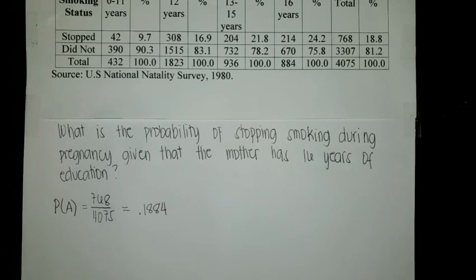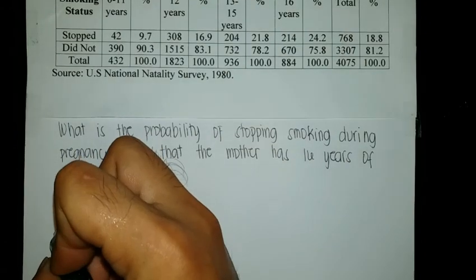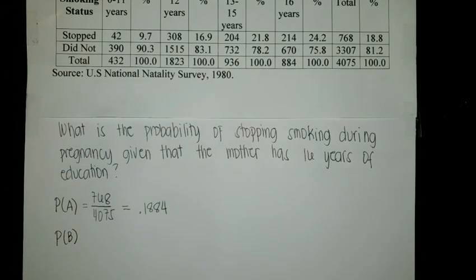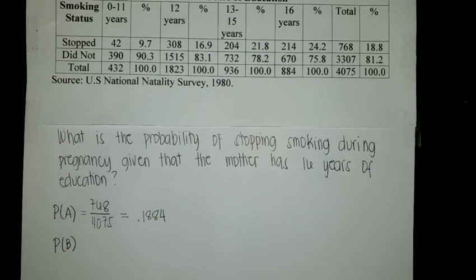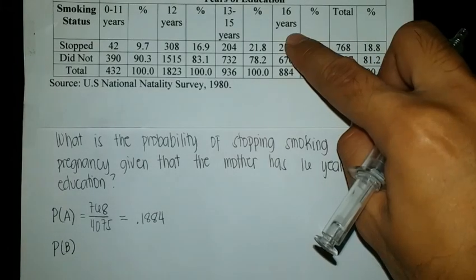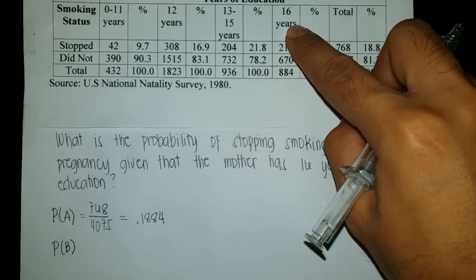Then, let us denote event B as the event that mothers have 16 years of education. So, let us find the probability of event B. On this table, we have here the 16 years.